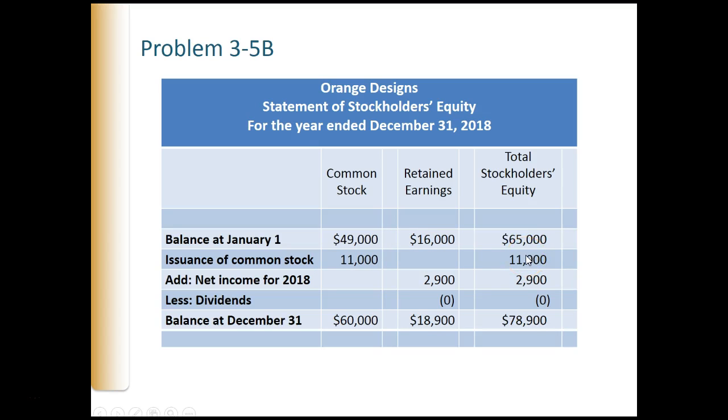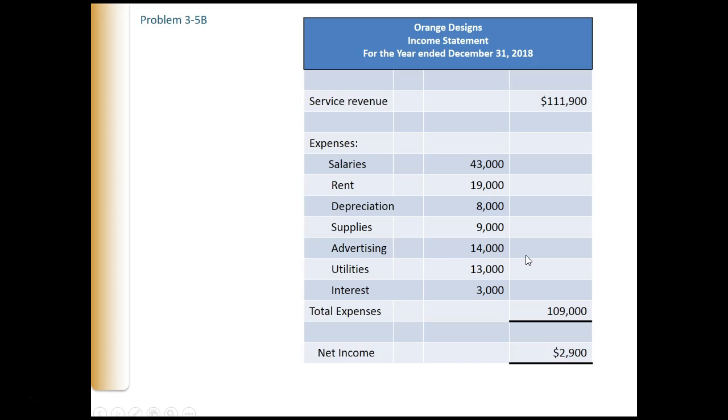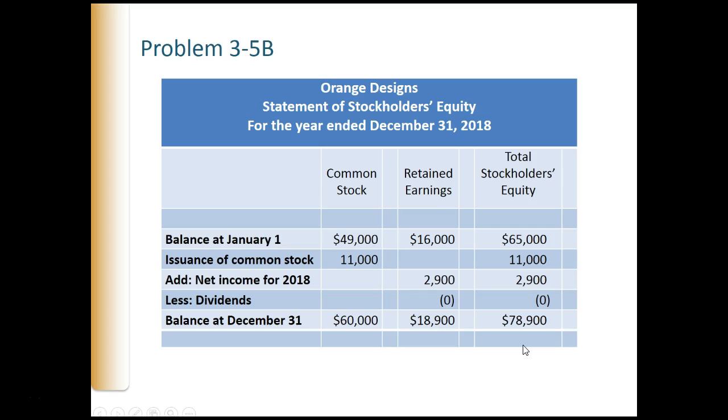From there, we take the net income we show on the income statement of $2,900 and carry it over to the retained earnings section, and again total that in our stockholders' equity. There were no dividends distributed during the year, so that will be $0.